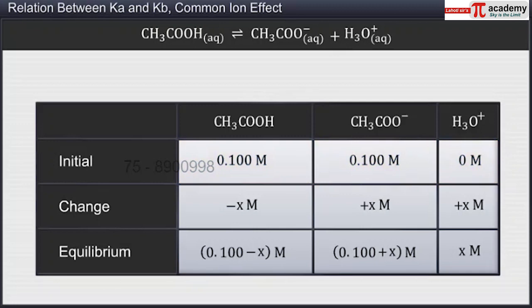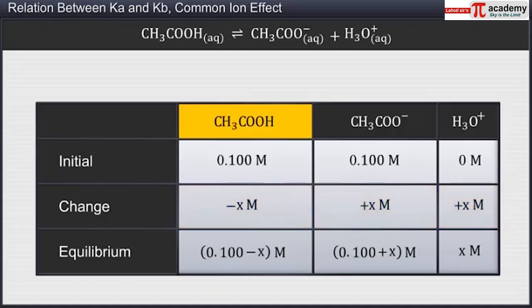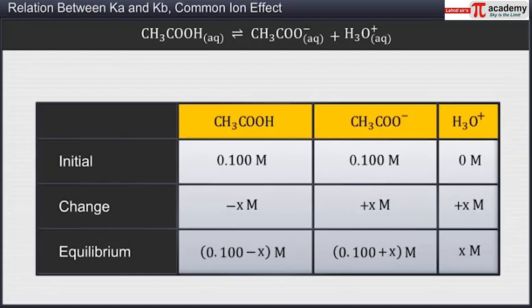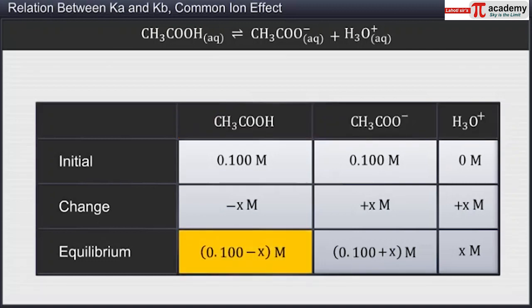The change in concentration after the dissociation of acetic acid is equal to -x M for acetic acid, +x M for H3O+ ion and +x M for acetate ion. The equilibrium concentrations of CH3COOH, H3O+ ion and CH3COO- ions are 0.1 - x, x and 0.1 + x M respectively.